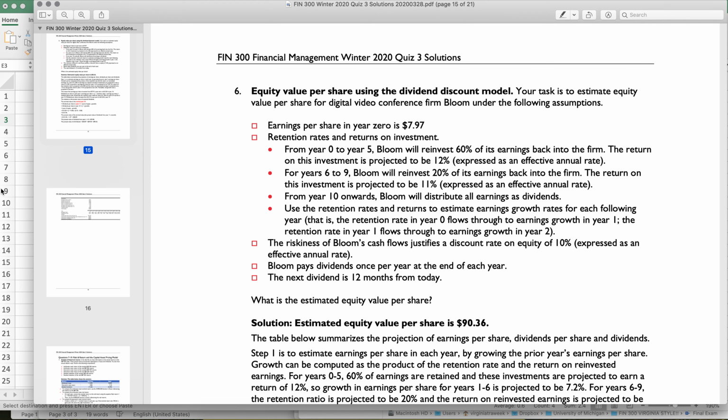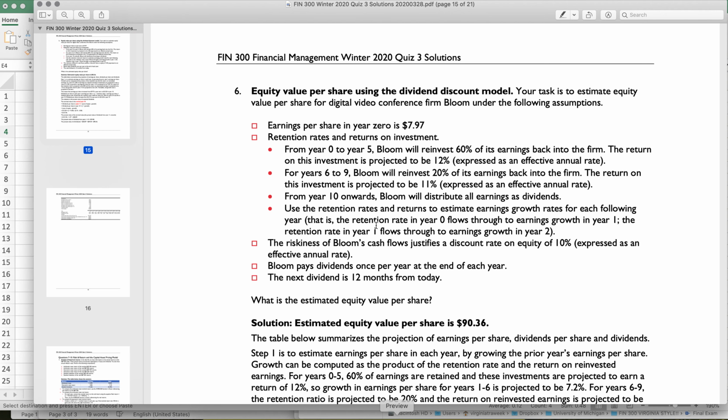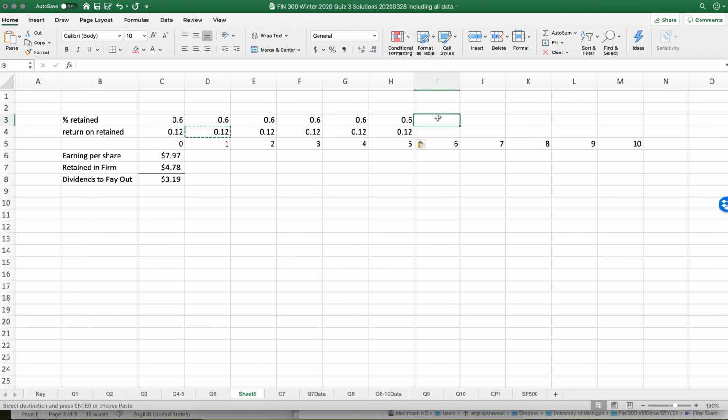The return on that is going to be 12%. Starting in year 6, we are going to reinvest only 20%, and we're going to make an 11% return.